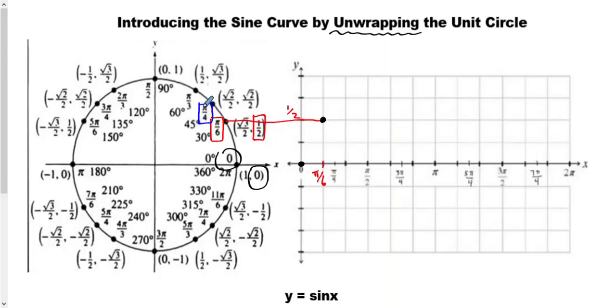So our next angle is pi over 4, and that has a height above the x-axis of root 2 over 2. And that's just coming from the y coordinate of the point. So we can take our height and just drag it horizontally over until we are aligned with the x value of pi over 4.